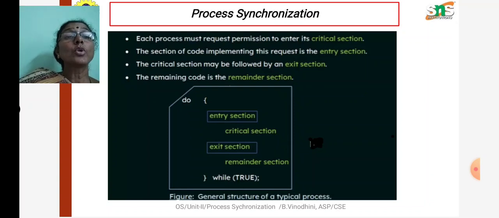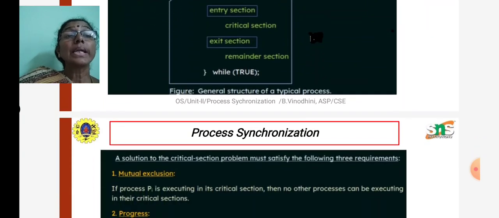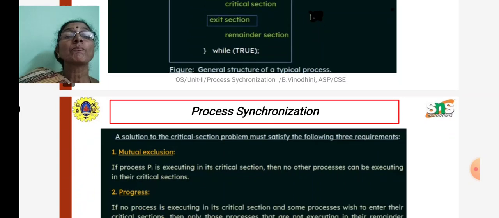The section of code implementing this request is the entry section. The critical section may be followed by an exit section, and the remaining code is the remainder section. This is the structure of any critical section code in our program.